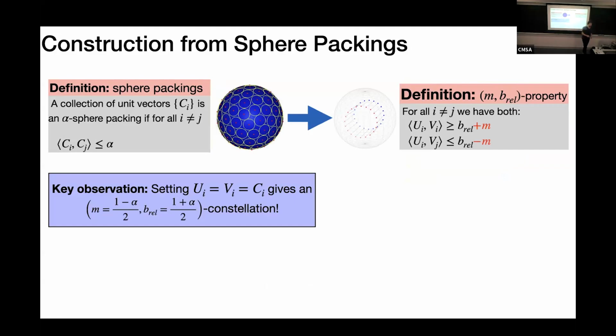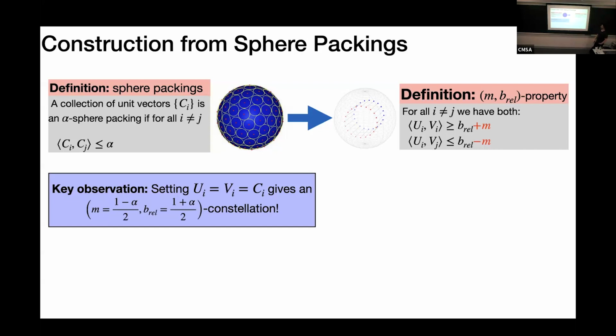And the fact that it's a code tells you that the mismatched inner products can't be too big. They have to be at most alpha. And so that corresponds to a certain choice of M and B. Inside this definition, M plus B is 1 because the matched inner products are 1. The mismatched ones are alpha, so that's B minus M, and you get alpha.